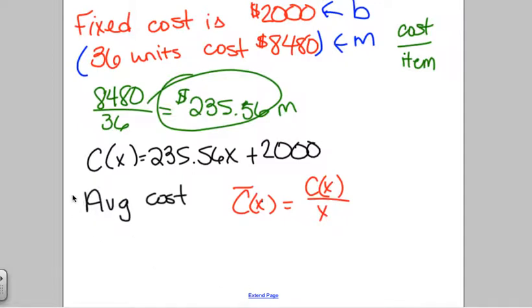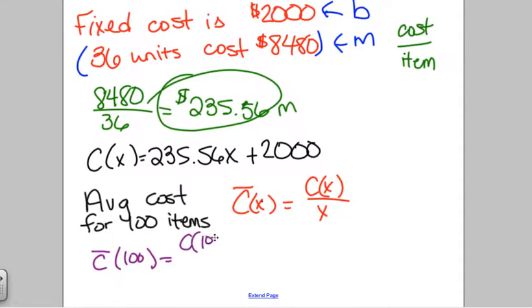I want to find the average cost for 100 items. That means that I am going to have the average cost of 100 equals C of 100 divided by 100. So for this scenario, where we have a fixed cost of 2,000 and a marginal cost of 235.56, I'm going to plug in 100 here.